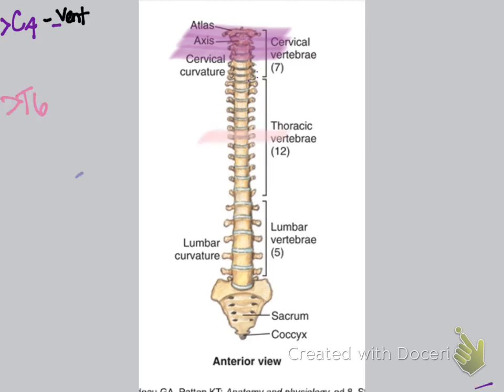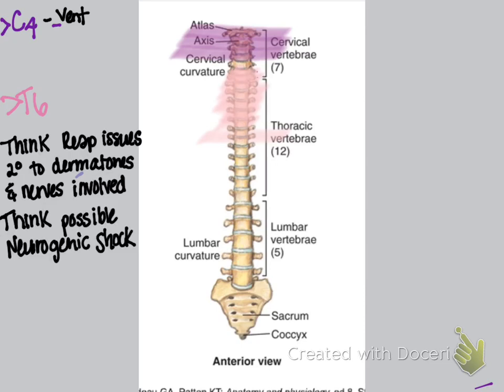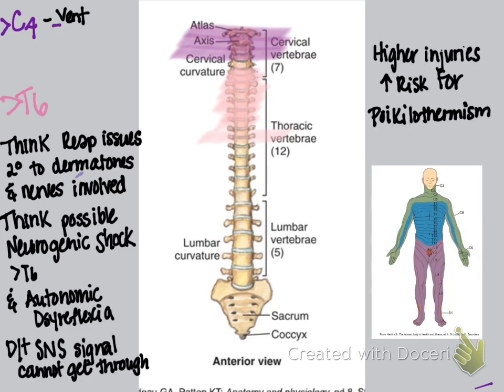So I kind of highlighted those vertebrae. And then greater than T6, you've got all kinds of problems that could occur, because not only do you have the secondary response, you have these secondary to the dermatomes, but respiratory issues, nerves involved, think possible even neurogenic shock. They're more prone also, greater than T6, for autonomic dysreflexia, because you've got that signal loss, right?